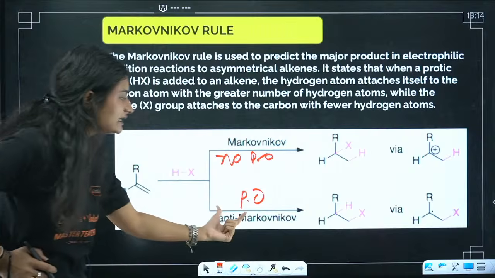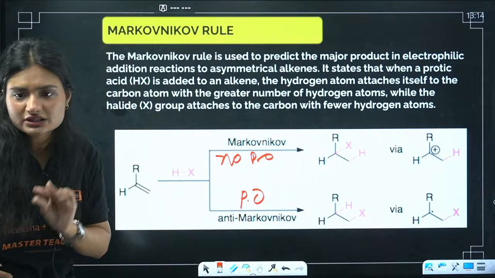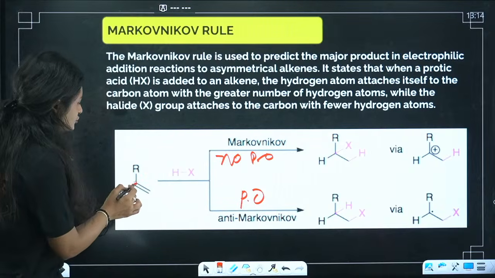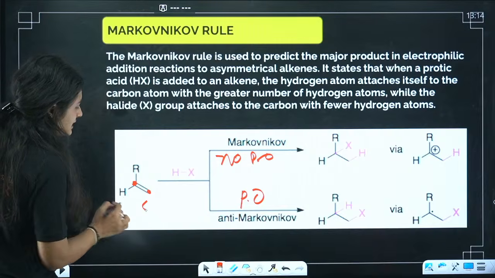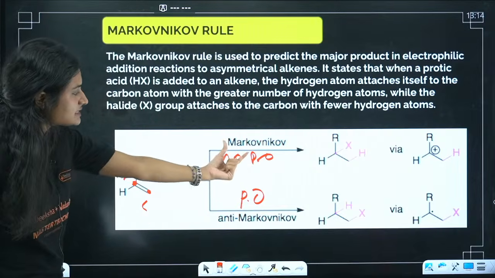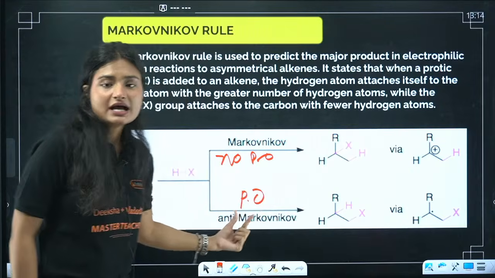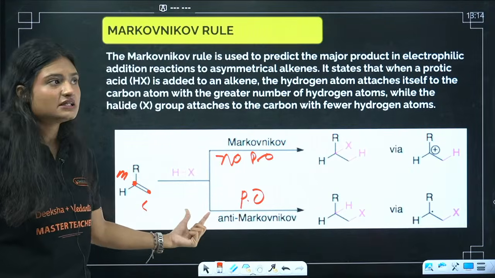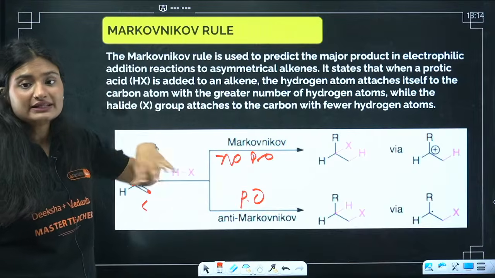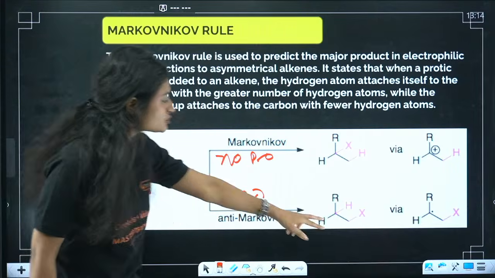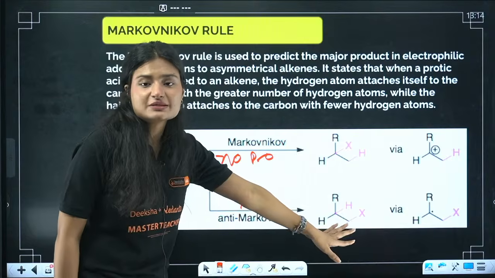With peroxide present, you use the anti-Markovnikov rule, and the halide will attach to the less substituted carbon.